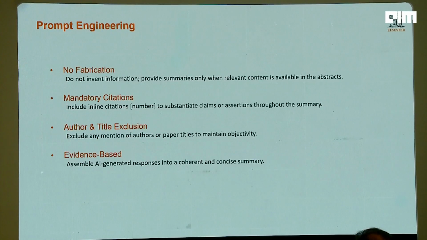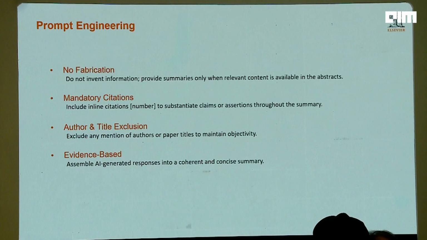And I'll talk more about the prompt engineering and the 4 aspects that we concentrate on. As I said, our top priority is no fabrication, because it has to be backed by the scientific facts and things that are in the abstract that we give in. Second, you'll have inline citations for all the summaries, which is also something we achieved through the prompt to the LLM. The third is to maintain objectivity.